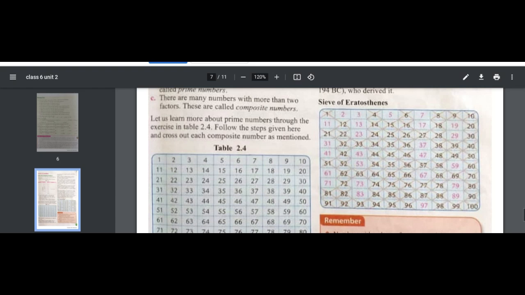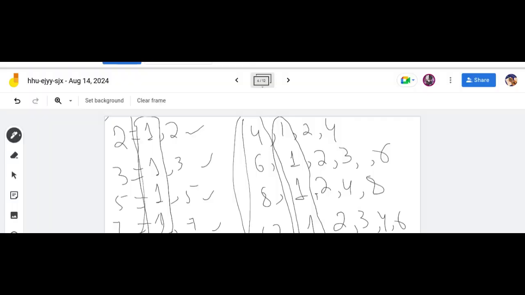But there is a separation between them. 18 is a composite number. So if there are two prime numbers that are apart by one number which is present between them, then those two numbers are called twins.